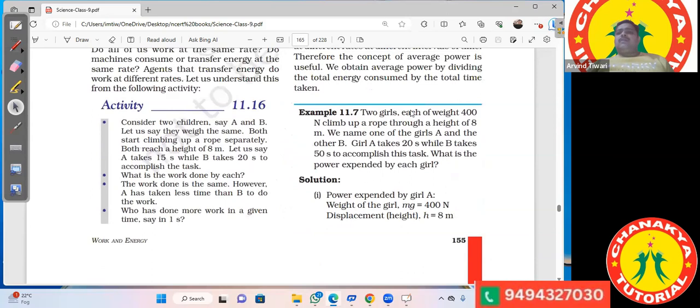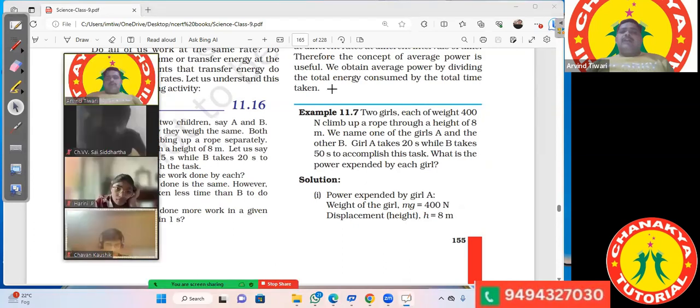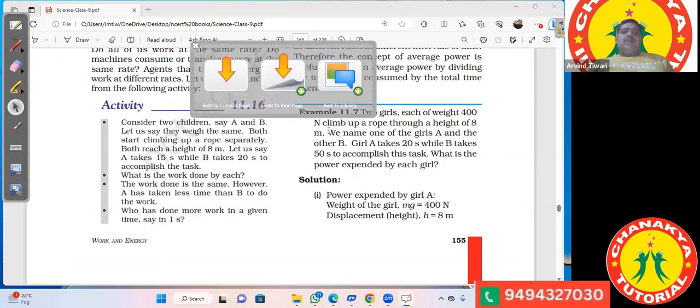So here you have a question, Example 11.7, as you can observe. We will try to understand this. I will solve this problem. You just need to observe what are the things given. If you can get it already, you can start solving.